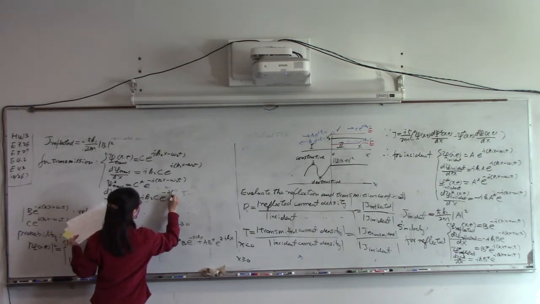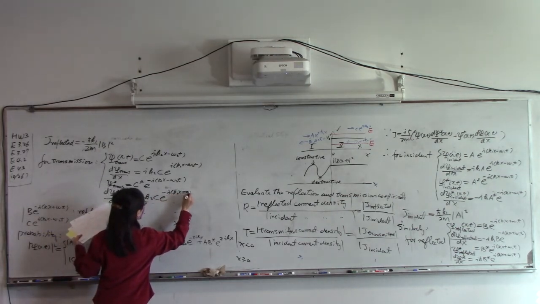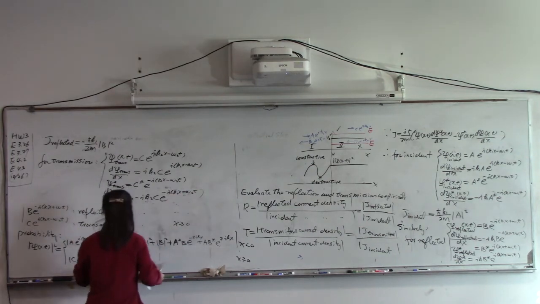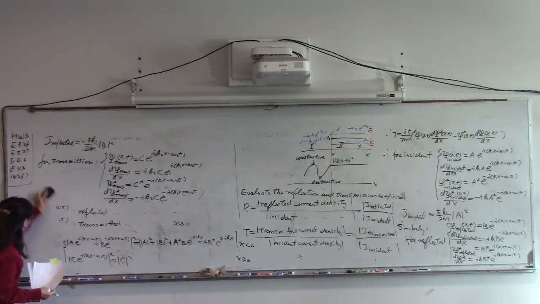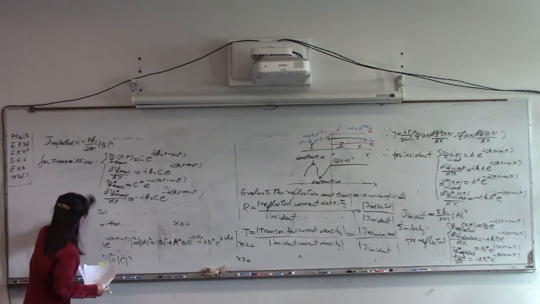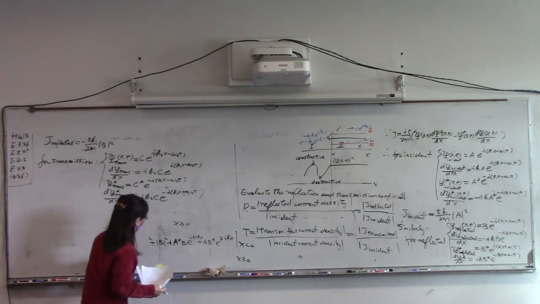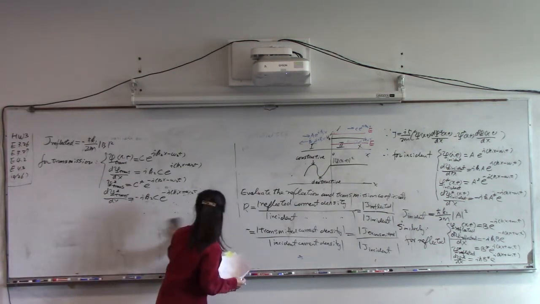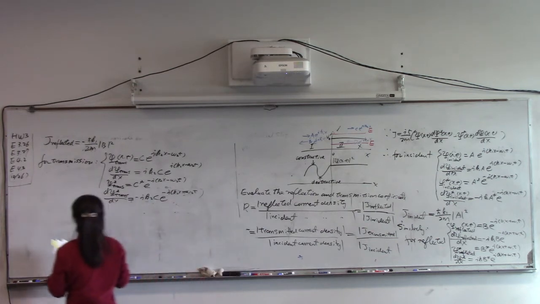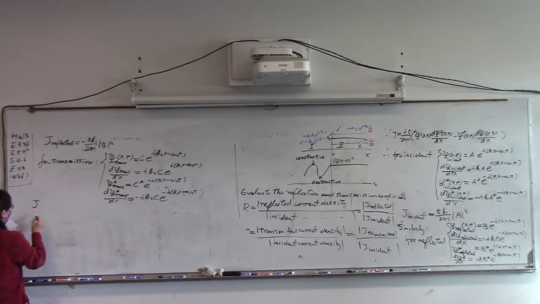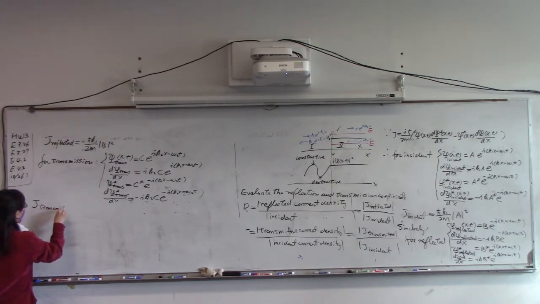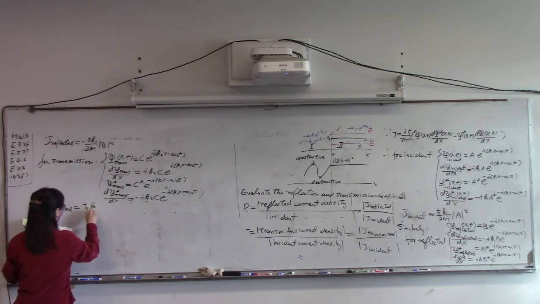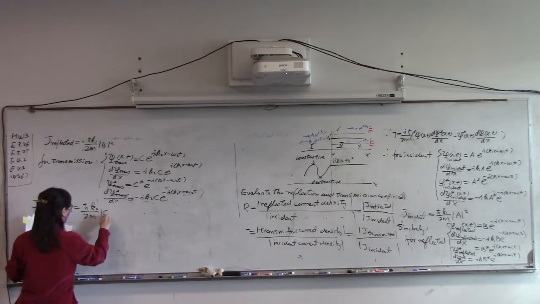Okay. Now finally, we also have this current density for the transmitted wave, which is h bar k2 over 2m times C squared.